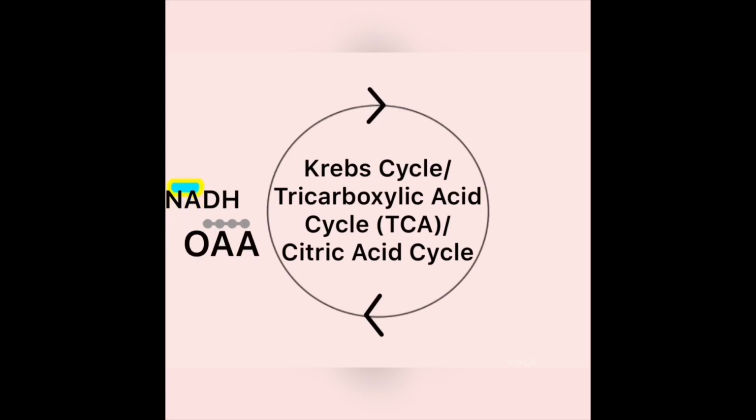Then through the reduction of NAD plus into NADH, malate turns back into OAA. The cycle must occur again to account for the 2 molecules of acetyl-CoA that were synthesized during the intermediate step. This marks the end of the Krebs cycle.